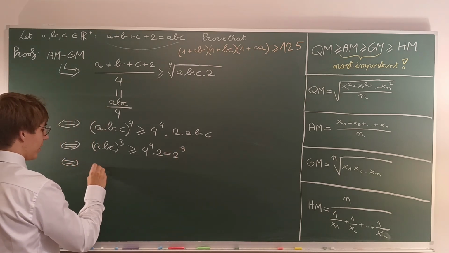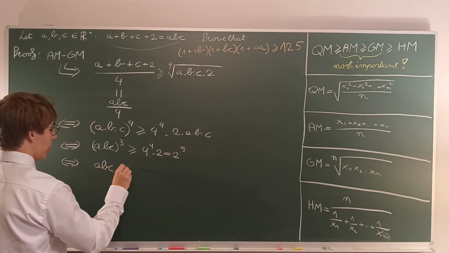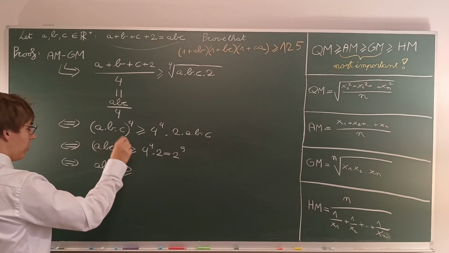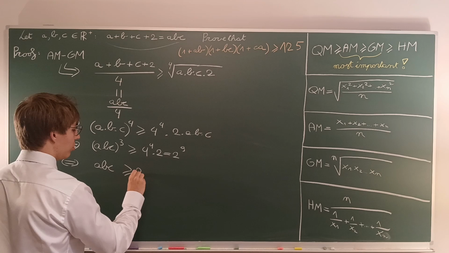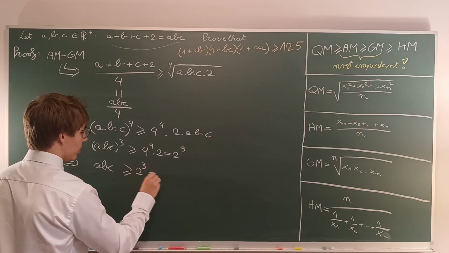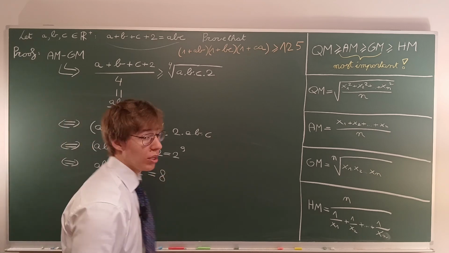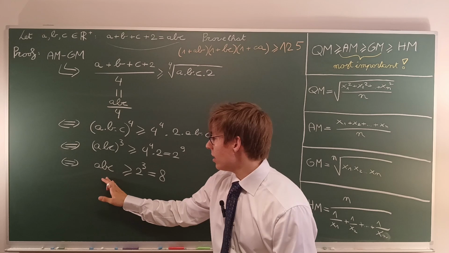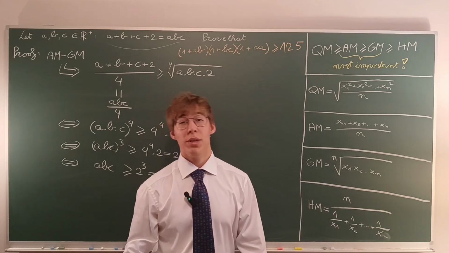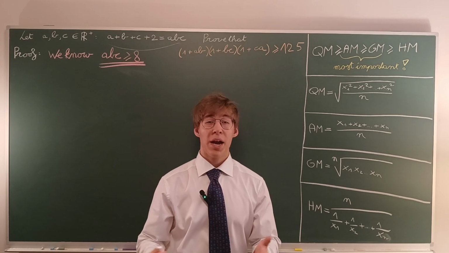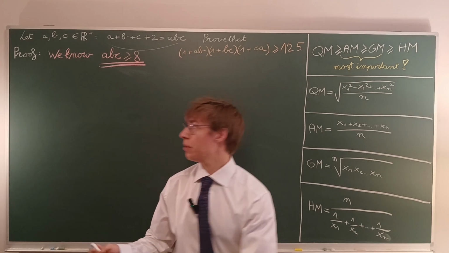And now we get that abc, if we take the third root, is bigger than or equal to 2 to the 3rd, which is 8. So we know that abc is bigger than or equal to 8. Let's work with that.